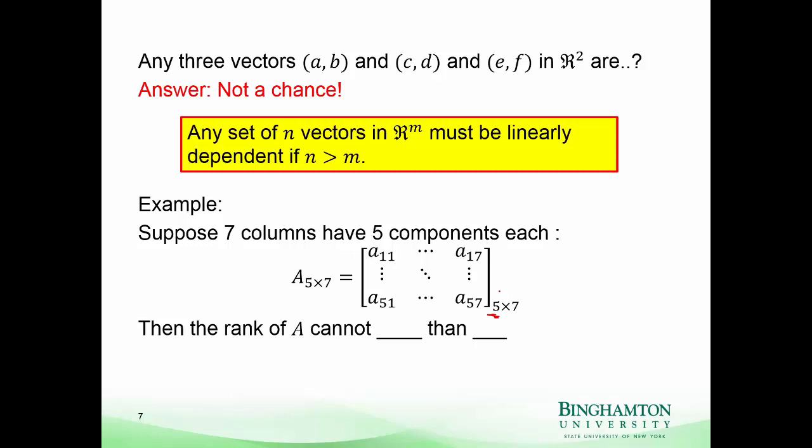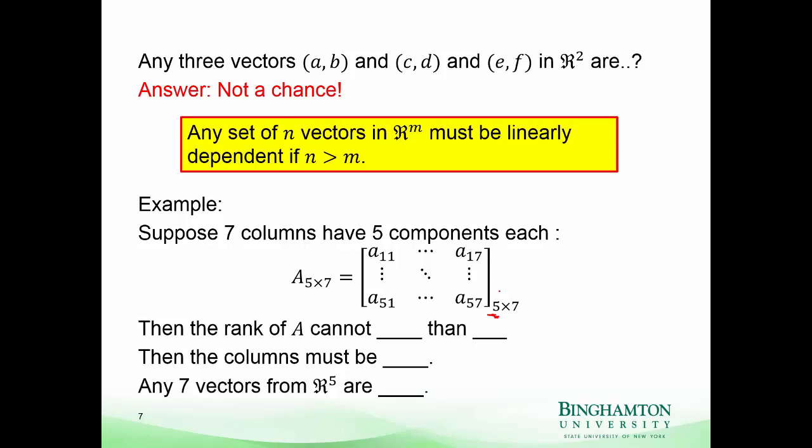So you might think that there could be 7 linearly independent columns here, but there cannot be, because we are in R5. So the largest number that they could be and independent is 5. The columns must be dependent, since we have 7 of them, and the rank of A cannot be greater than 5. So any 7 vectors from R5 are dependent.